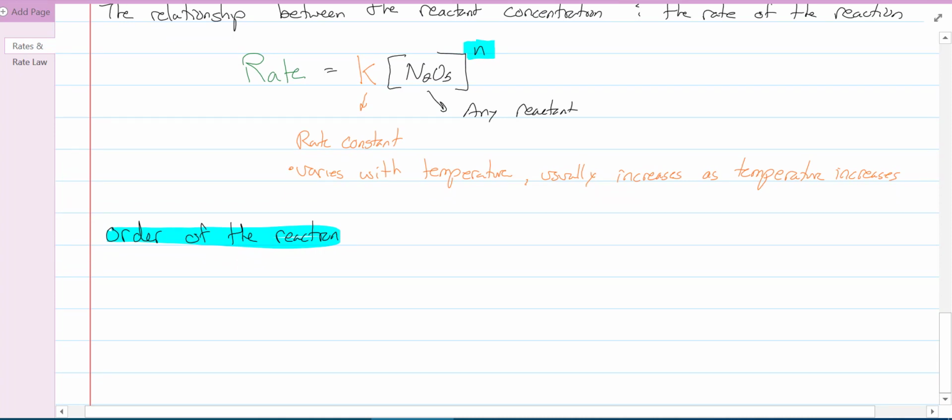So the order of the reaction is the exponent of the concentration term.